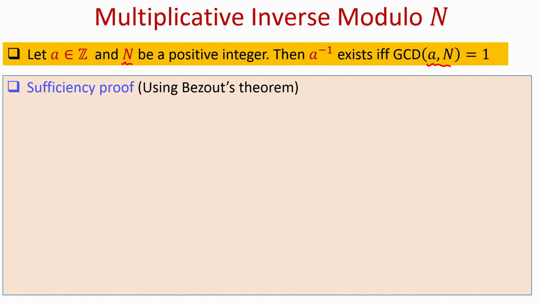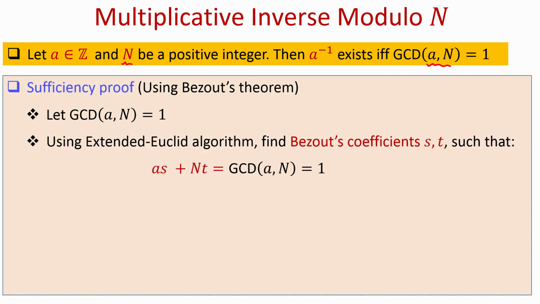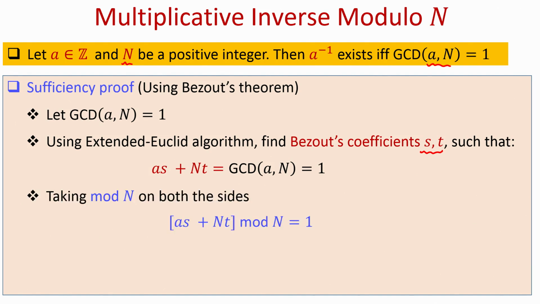So, imagine A is relatively prime to n, that means the GCD of A and n is 1. Then if I run the extended Euclid's algorithm, I can find Bezout's coefficients, namely the linear combiners S and T, such that the GCD of A and n, namely 1, can be expressed as the linear combination of A and n using the combiners S and T. Now, if I take mod n on both sides of this equation, on the right hand side I obtain 1 modulo n, which gives me 1.